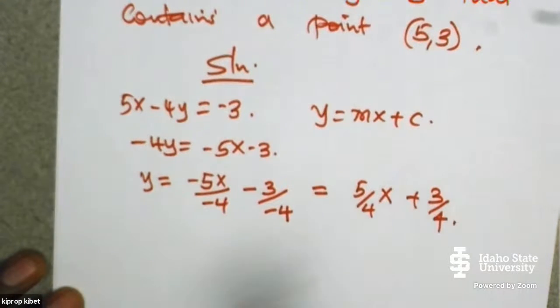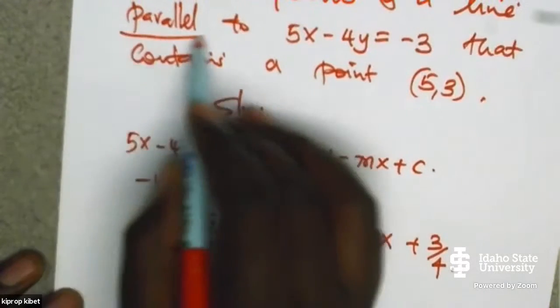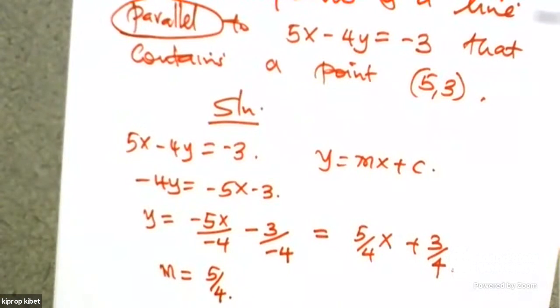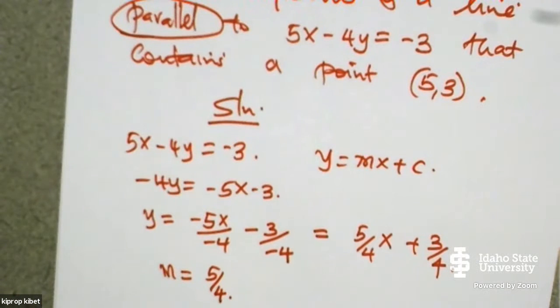Now, here, our gradient is m equals what? 5 over 4. We said if the lines are parallel, they have the same gradient and different y-intercepts. So since they're parallel, the value of m is the same.